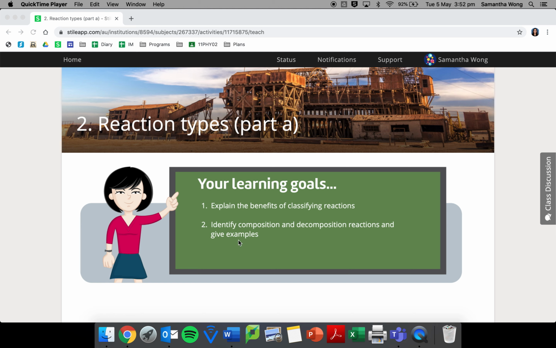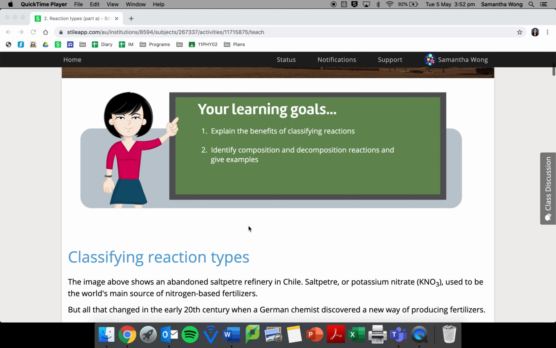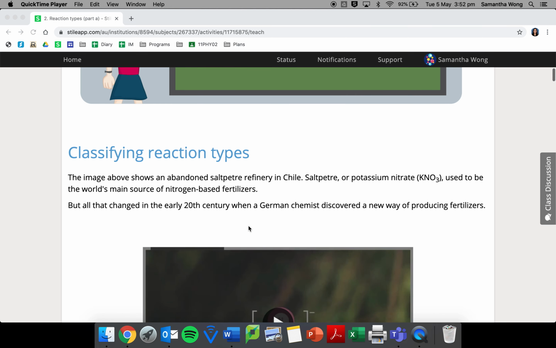And the goal for the lesson was to explain the benefits of classifying reactions and identify composition and decomposition reactions and give examples. So to achieve these two learning goals, there were a series of activities. So let's start to go through them.